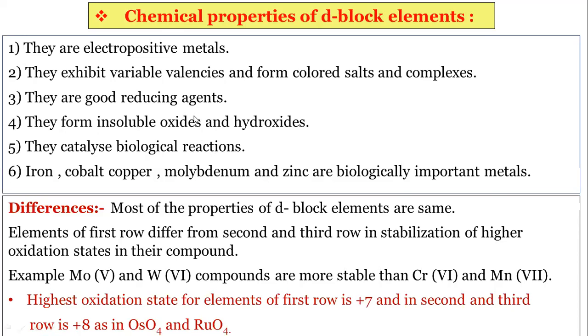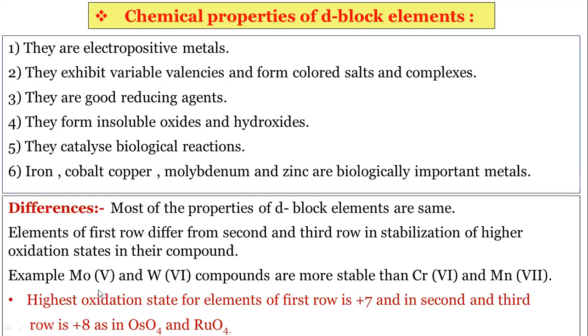So the difference is, most of the properties of D block elements are the same. Elements of the first row, which means the 3D series, scandium to zinc, differ from the second and third row in stabilization of higher oxidation state.